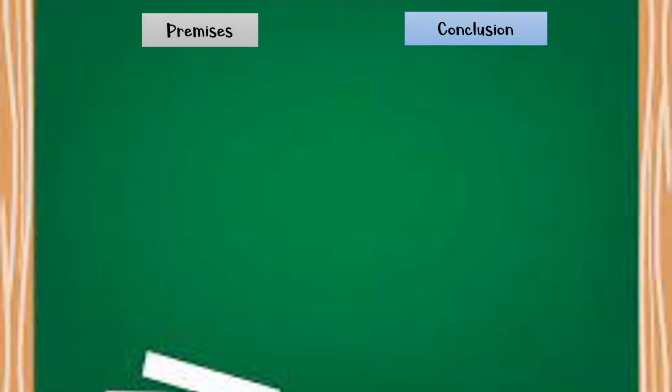For the examples, we have premises and also the conclusions. First example: 25 is divisible by 5. 30 is divisible by 5.